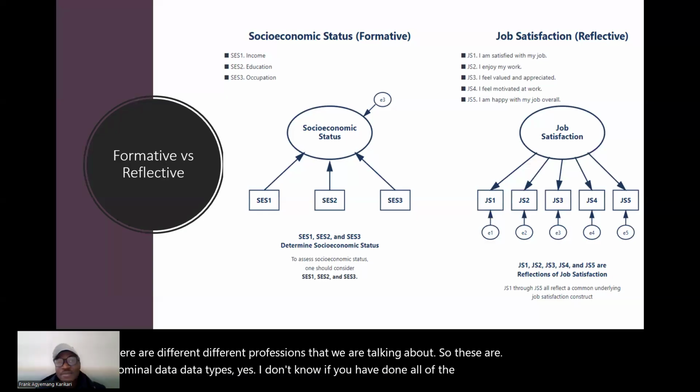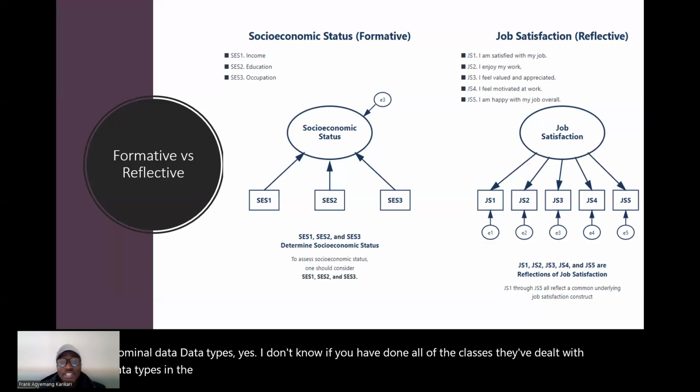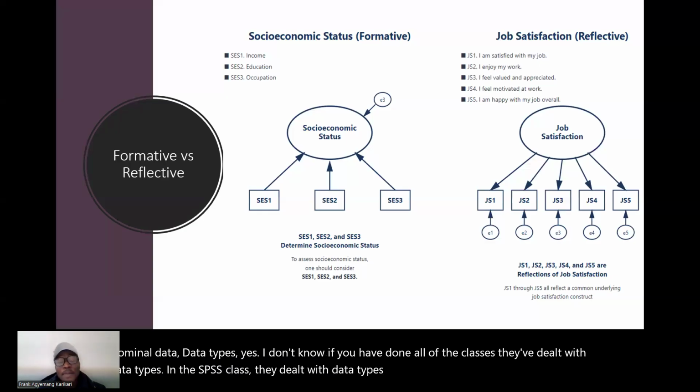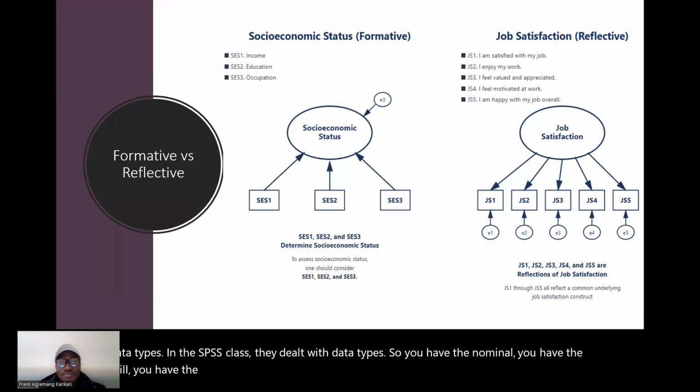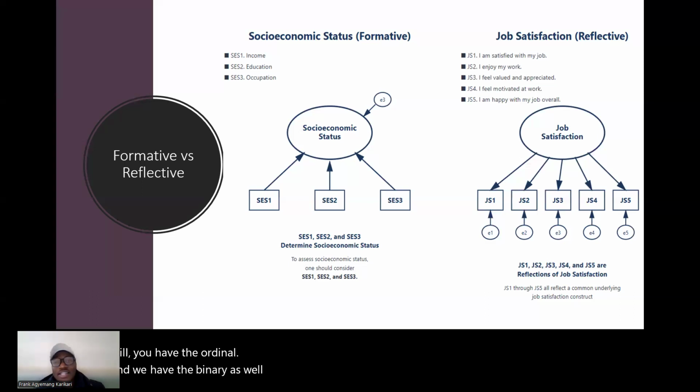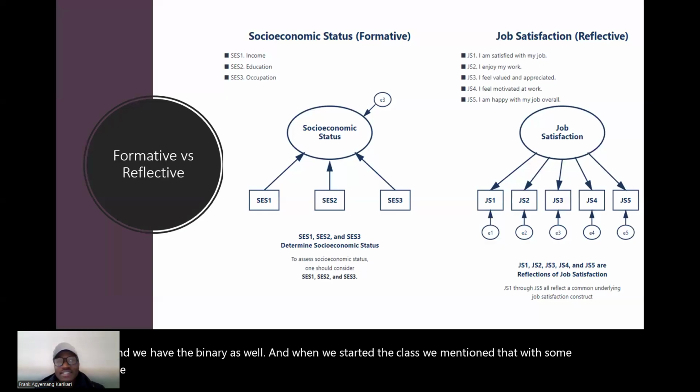I don't know if you have joined one of the classes. They dealt with data types in the SPSS class. So you have the nominal, the scale, the ordinal, and the binary as well. When we started the class, we mentioned that with SEM, the software automatically detects that. Instead of scale in SPSS, we call it metric.